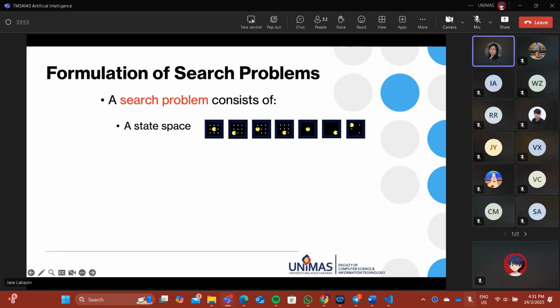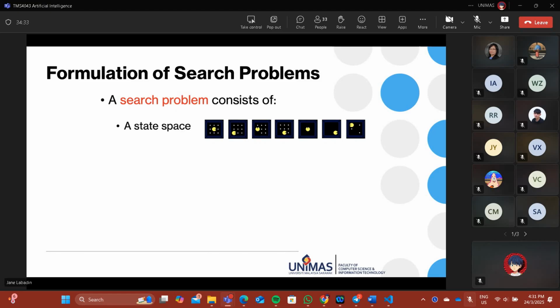Because the first one still has the white dot, and also the position of your agent: in the first one, the agent is facing right, and in the fifth one, it is facing upwards. So all these are different states. I hope you understand what a state space is: the spaces at which your agent could be in the environment.